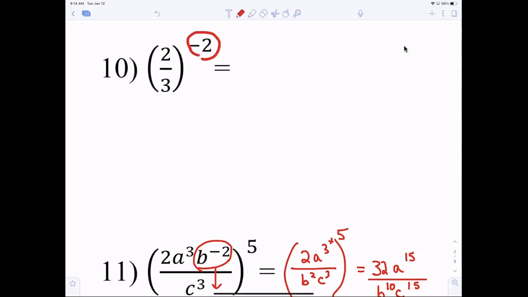Right, reciprocal. That's what that means. So you simply take the reciprocal of 2/3. When you take the reciprocal of 2/3, it becomes 3 over 2, and now that's squared. That's how you handle a fraction being raised to a negative exponent. It just means take the reciprocal.